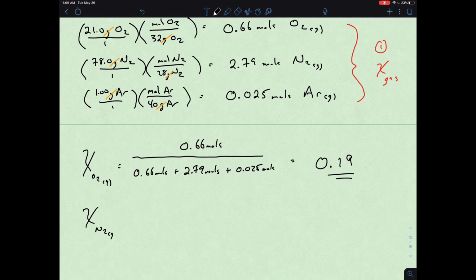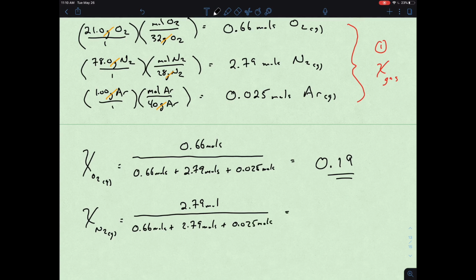And then I can do the same thing for our nitrogen gas. The numerator changes to the 2.79, but the denominator is going to stay the same as the total. And so that's equal to 0.80.